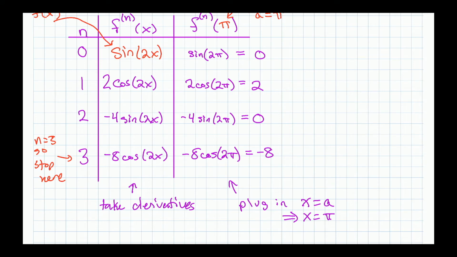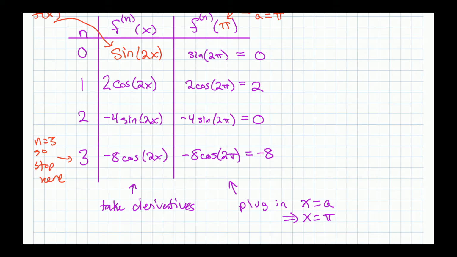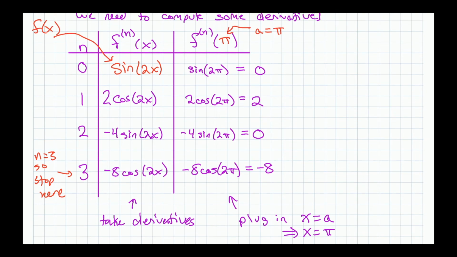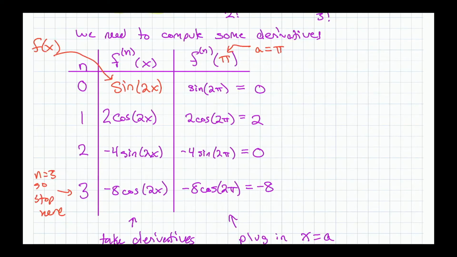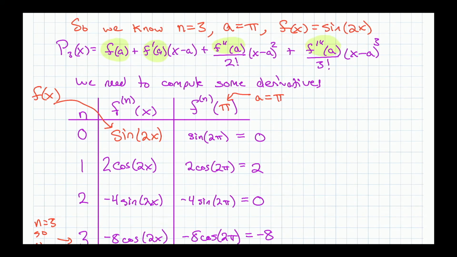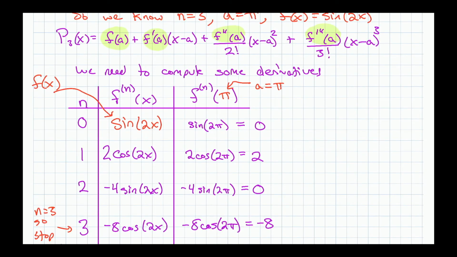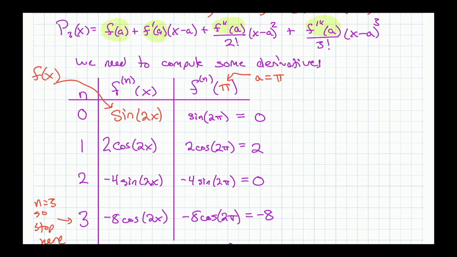All right? Now, this is everything we need to write down the P3. But I just want to be really clear about this. In terms of the formula here, those highlighted things, the f of a, the f prime of a, f double prime of a, f triple prime of a, those are what we just calculated, okay?